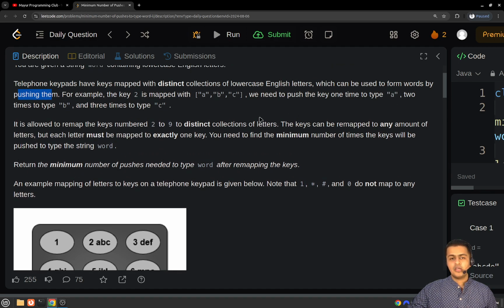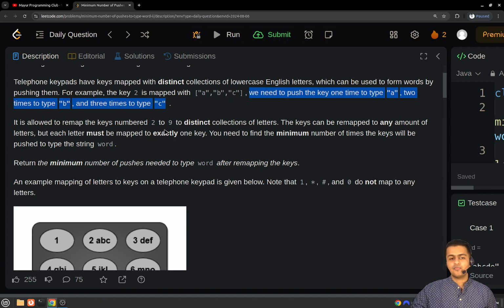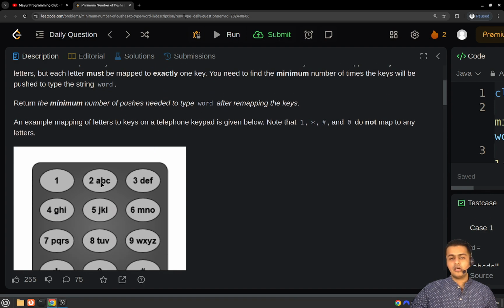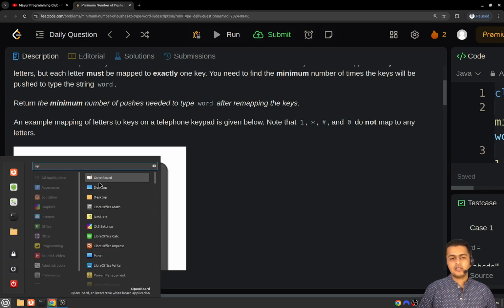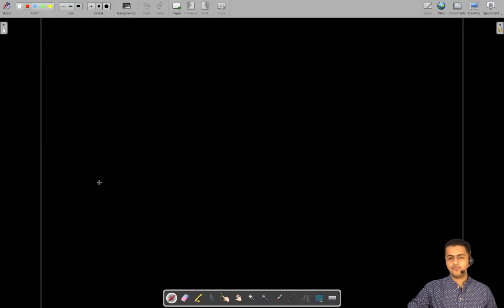We need to push key 2 one time to type A, two times to type B, and three times to type C. So the ordering matters here. C was the third mapping to 2. If we go in this direction, left to right, let's try to understand it on the board.